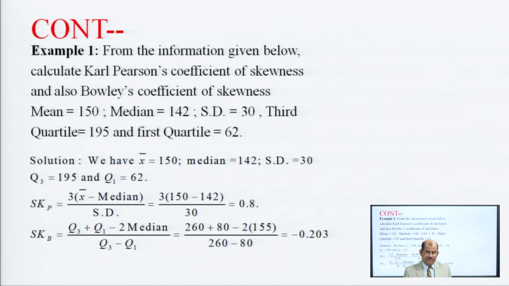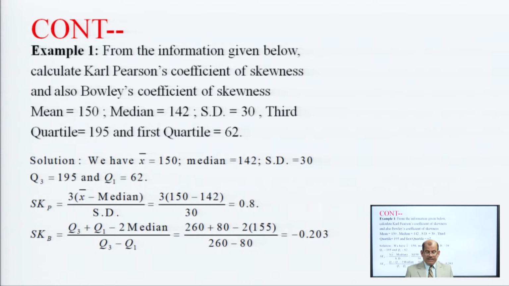SKP is equal to 3 times (mean minus median) divided by standard deviation, which is equal to 3 into (150 minus 142) by 30, which is equal to 0.8.